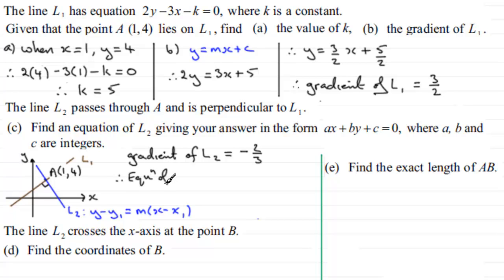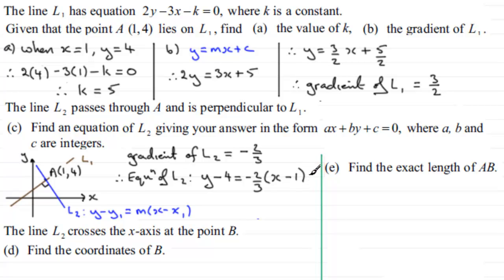Equation of L2 is such that it is y minus y1, we take y1 to be the 4, equals m, the gradient, which is now minus 2/3, multiplied by x minus x1, and x1 is the 1 there.